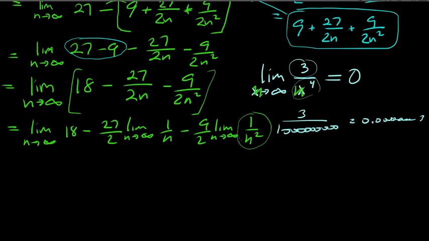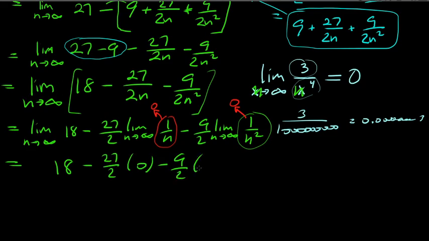As n gets bigger, the fraction gets smaller, right? 1 divided by a big number is a small number, right? So this fraction here goes to 0. This fraction here also goes to 0. And now, when you take the limit of 18, you get 18 minus 27 over 2 times 0 minus 9 over 2 times 0. So 18 minus 0 minus 0 is a grand total of 18.